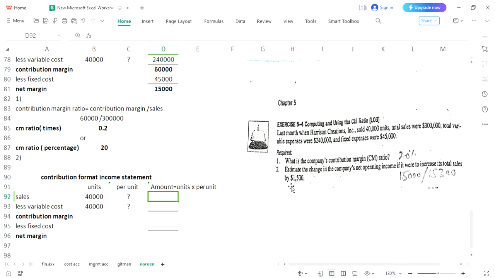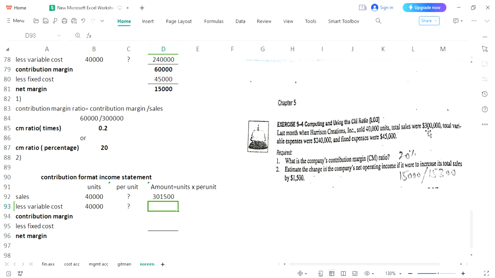You have to increase your sale by 1500. The initial sale was 3 lakh, which is mentioned in the above statement. You are going to add 1500 more to it. This means your value of sale will increase. It would become like this.